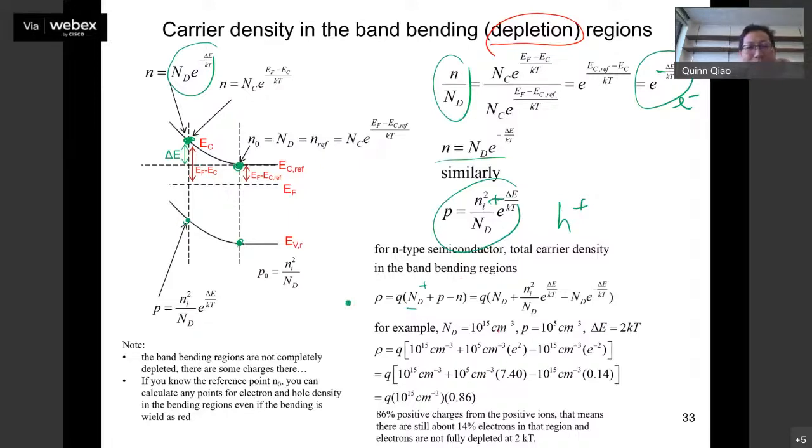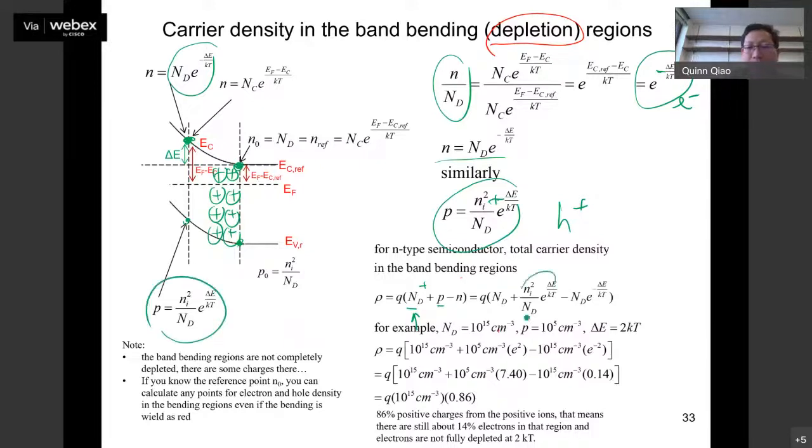Because on this side, all the negative charge is gone, all this is positive ions, the ionized phosphorus. And then here, the holes inside the junction. This is the hole.